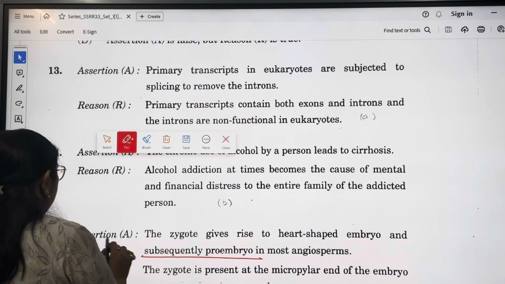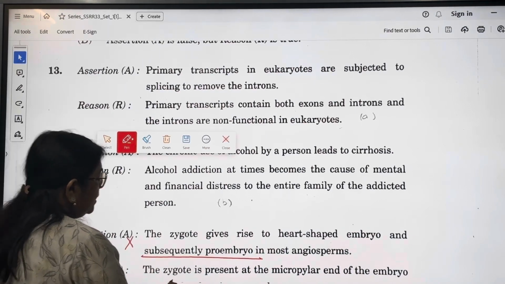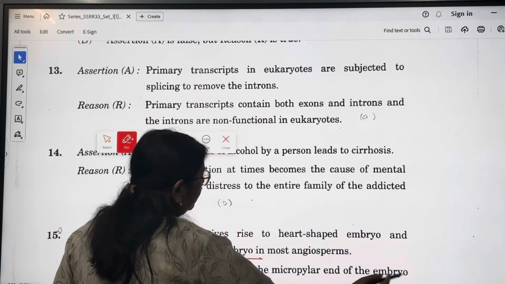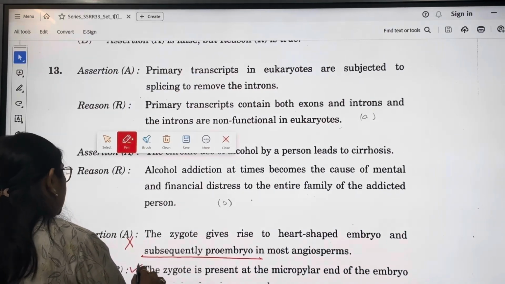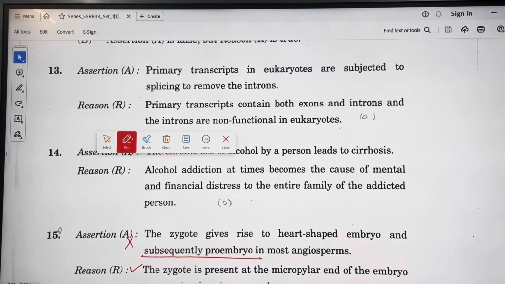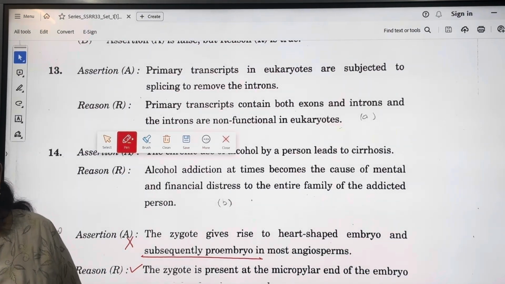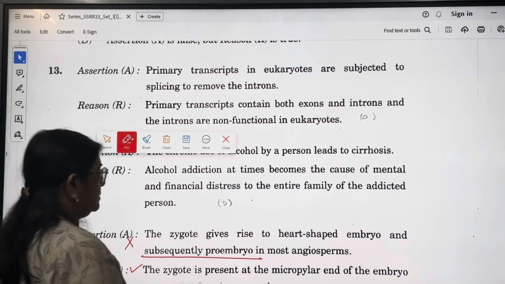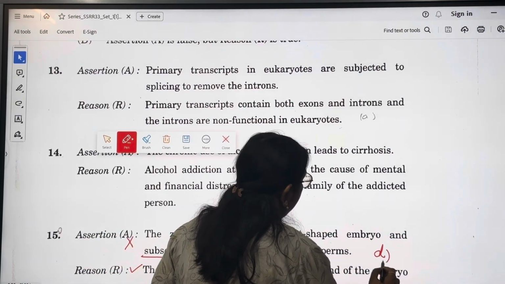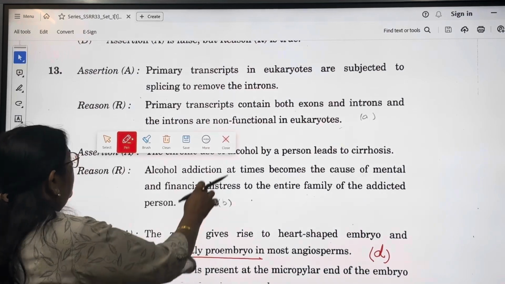And the reason, the zygote is present at the micropylar end of the embryo, is correct. So here the assertion is false, but the reason is true. Answer D. Next question.